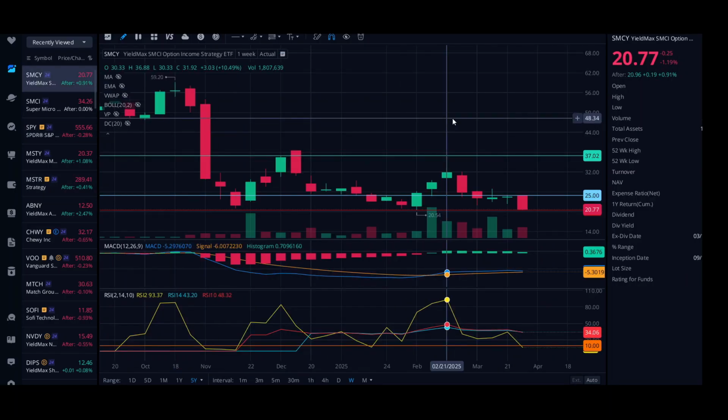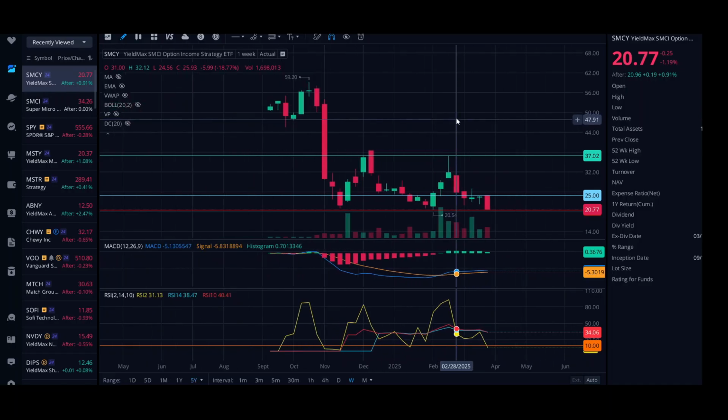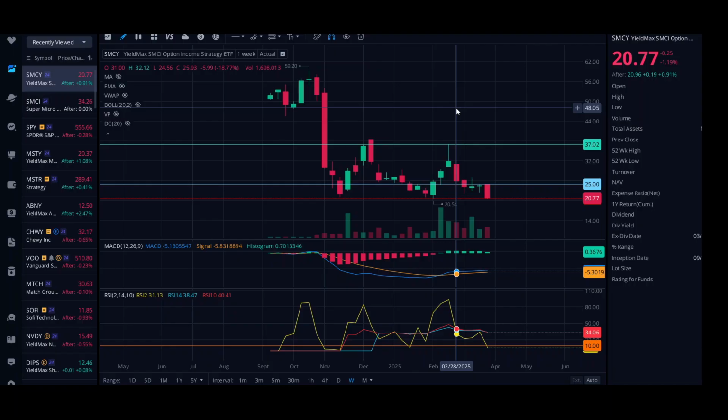SMCY, or any of the YieldMax ETFs, or any other one-off type stocks. When I say one-off, I mean a single stock, whether it is Apple, Microsoft, NVDY, Super Micro Computer, SOXY, it doesn't matter, right? Those are one-company stocks. So if that company drops, the stock drops. You don't want to have all of your eggs in one basket. That's why I like to keep a good portion of mine in something like the S&P 500, because it contains 500 different companies.